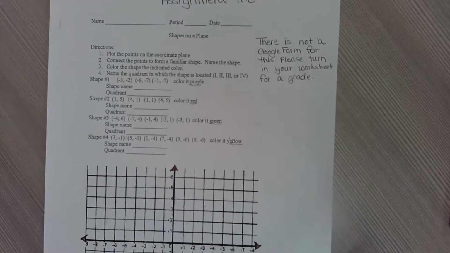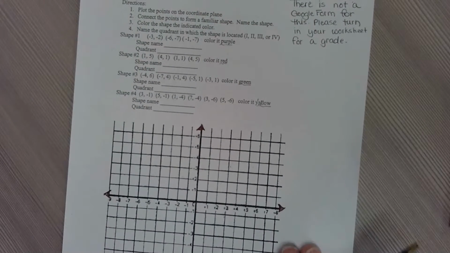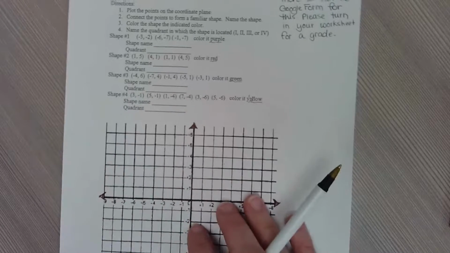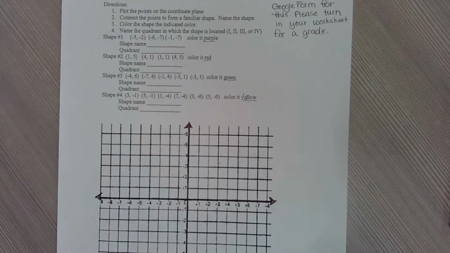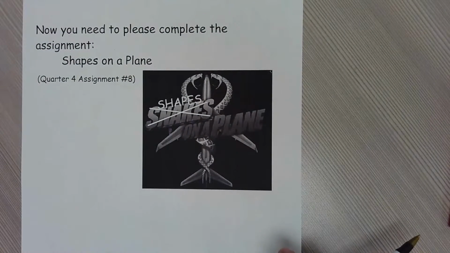There's no way you could actually do a Google form for this, okay? So if you are in class, then I will have you turn in the worksheet, just like pre-COVID days where you submit a worksheet, okay? But if you are home and doing My School Online, or maybe you are in quarantine or something's going on, then I will post an alternate assignment, okay?